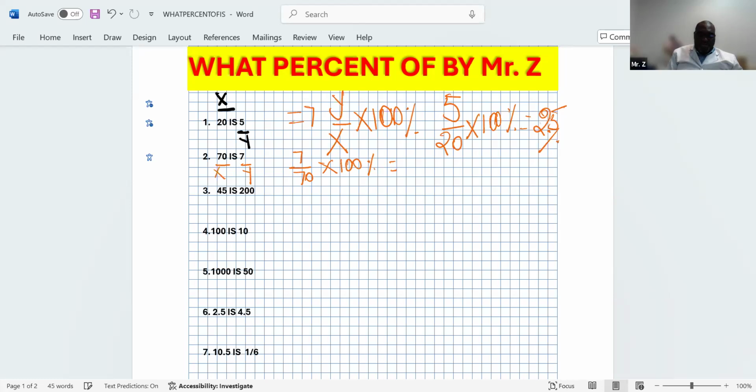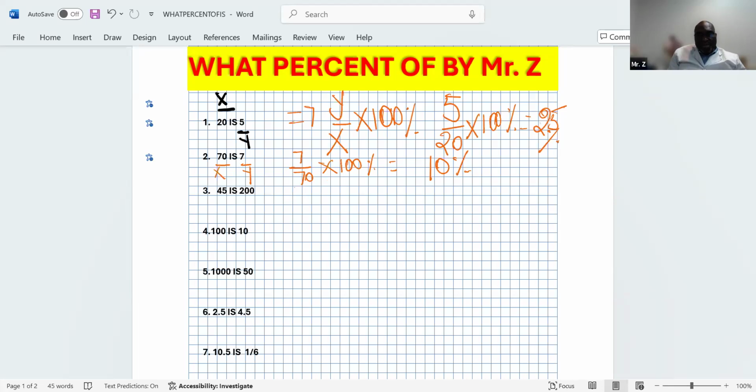You do 7 times 100, you get 700. Once you divide that by 70, you get 10%. It means 10% of 70 gets you 7. All right, so let's do number 3.